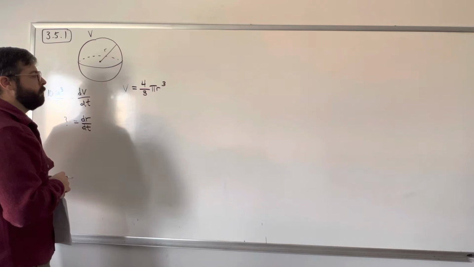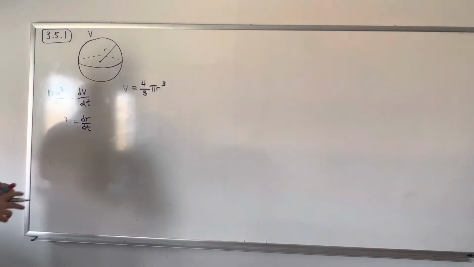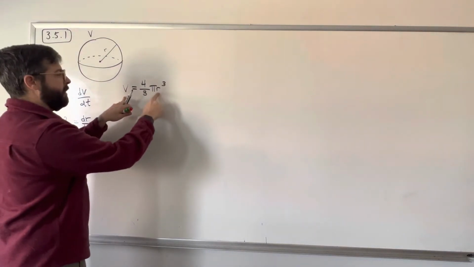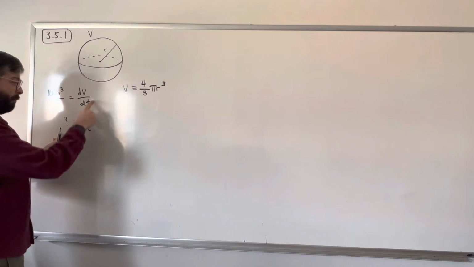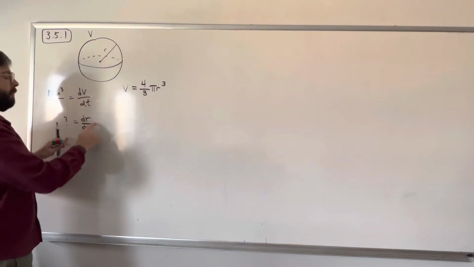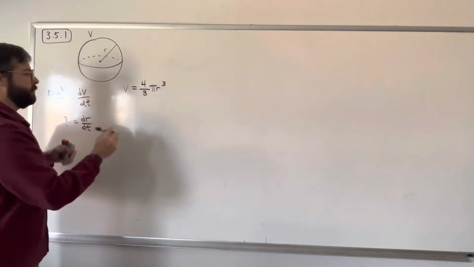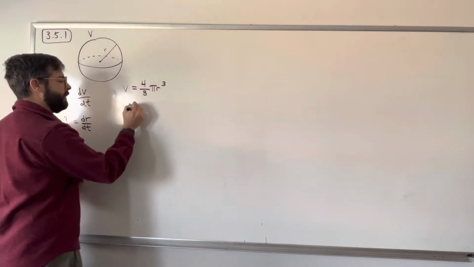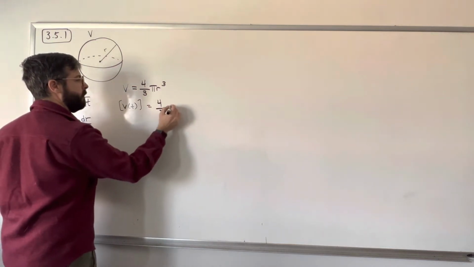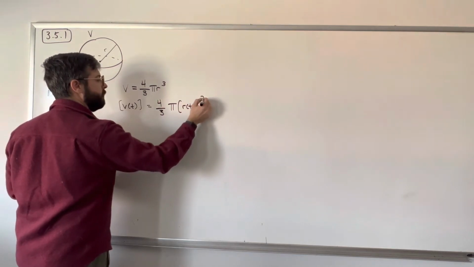We know that volume is changing with respect to time, and r is changing with respect to time. When we write it like this, we're saying V is a function of time, r is a function of time. So this equation is really V(t) equals 4/3 π [r(t)] cubed.